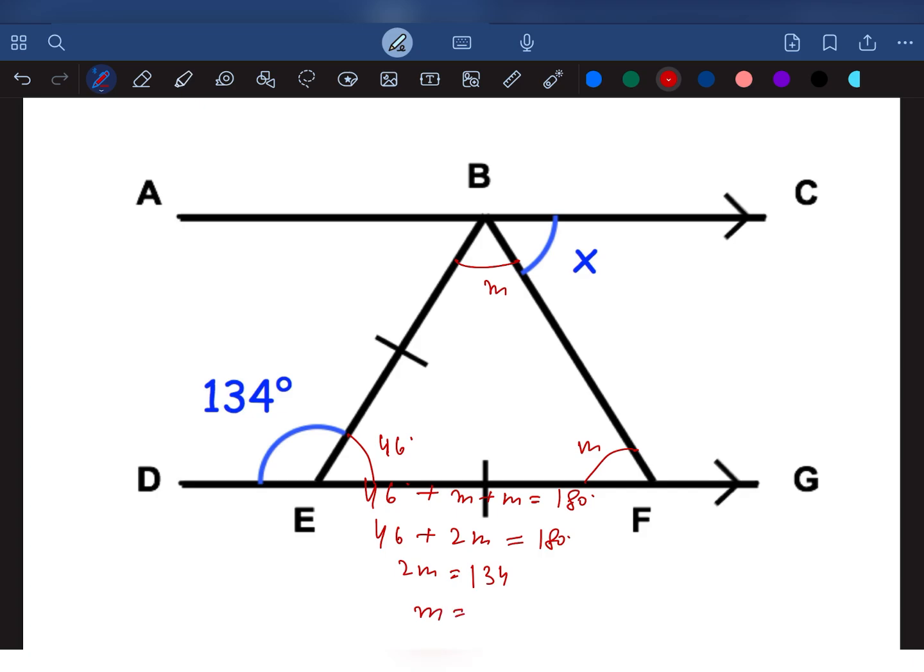Here we have M equals 134 divided by 2, which is 67. That means M is equal to 67 degrees. So this is also 67 degrees. We can replace M with 67 degrees now.